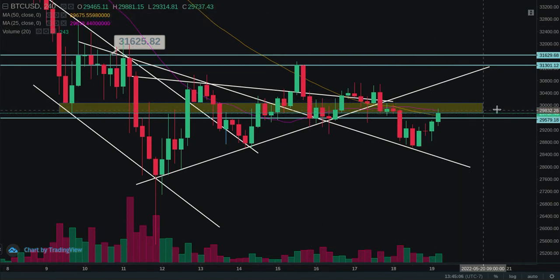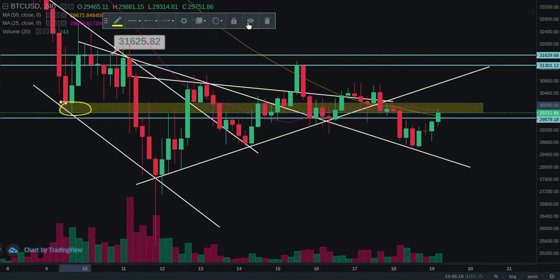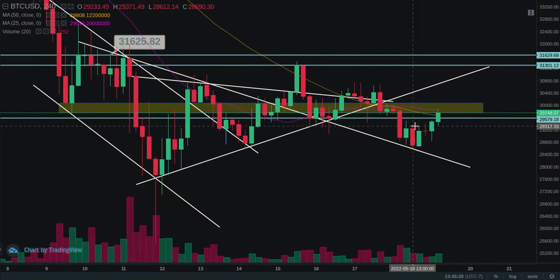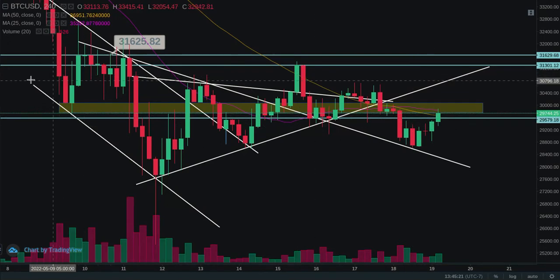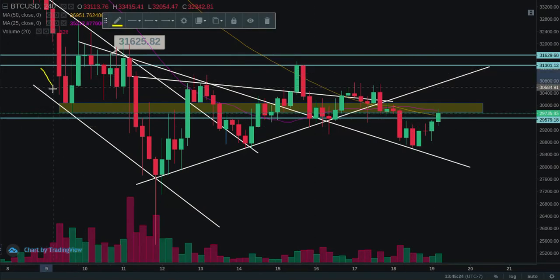That's that little zone that was important. If you notice, this is where we got a bounce right here. That's the reason why I have that box there, because I just have it from the body to the bottom of the wick. So that's an important area. The reason why is because, like I said, we were dropping, and this is where we caught a bounce.